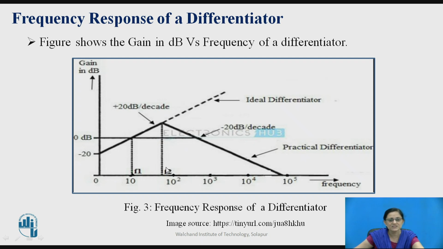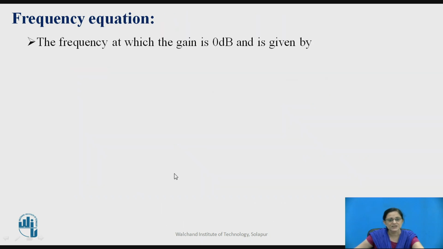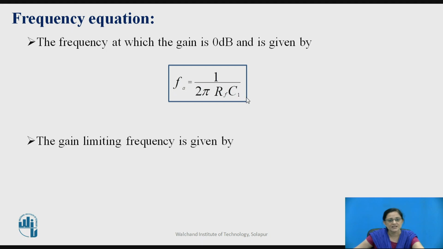Therefore, this frequency is also known as the gain limiting frequency. Thus, you can define the two frequencies for the differentiator circuit. The frequency at which the gain is 0 decibel is given by FA equal to 1 upon 2 pi RF C1. And the gain limiting frequency FB is given by FB equal to 1 upon 2 pi R1 C1. These are the two frequencies considered while designing the differentiator circuit.